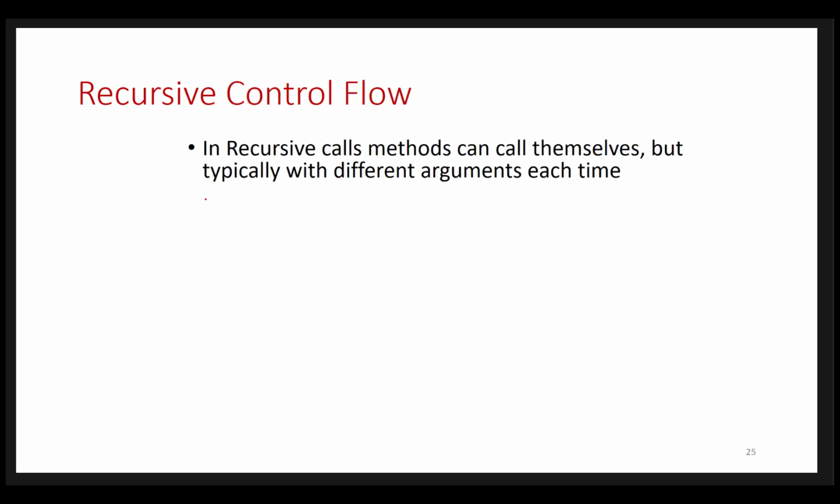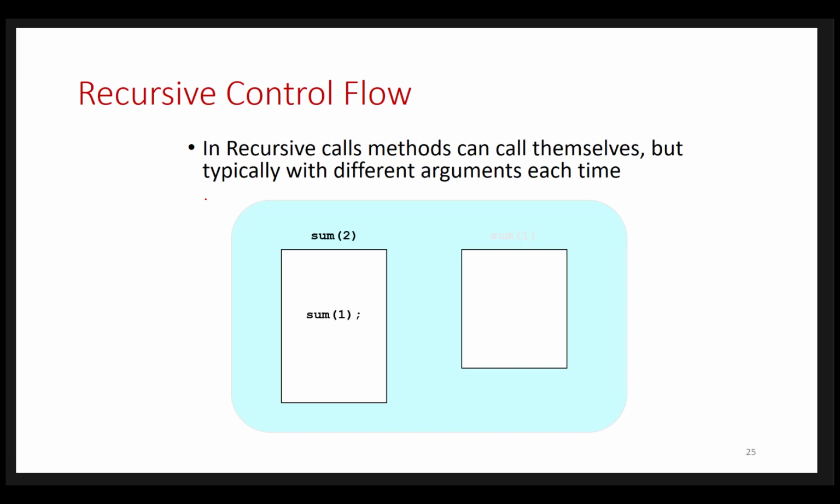We will now see an example for the same thing we did, like the addition. If you have, let's say, 10, then 10 plus 9, calling the function and so on. In this one, we will see how the flow goes. If you call the function called sum with the input 2, it will call a function sum1.